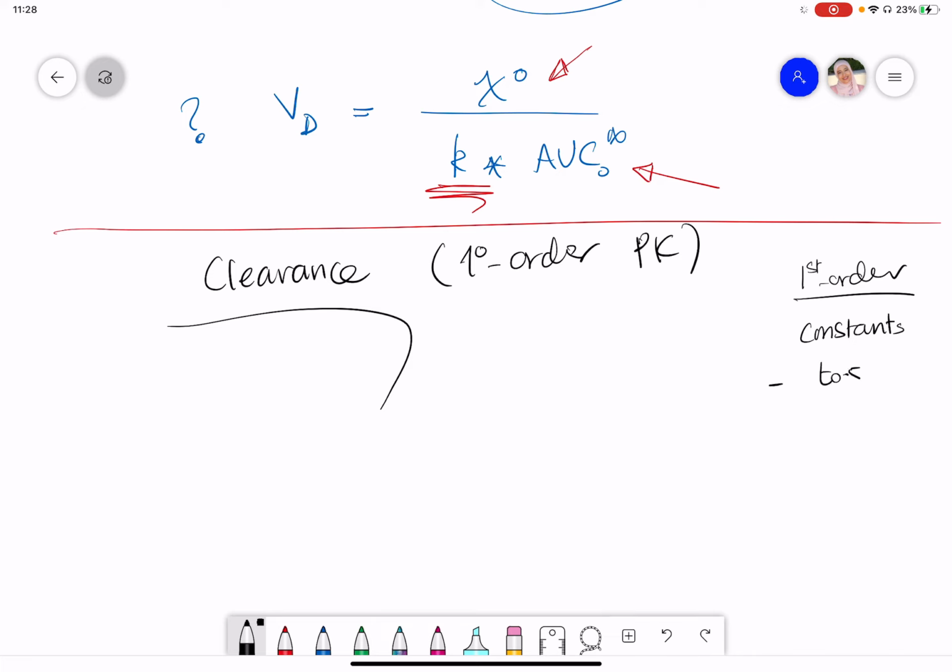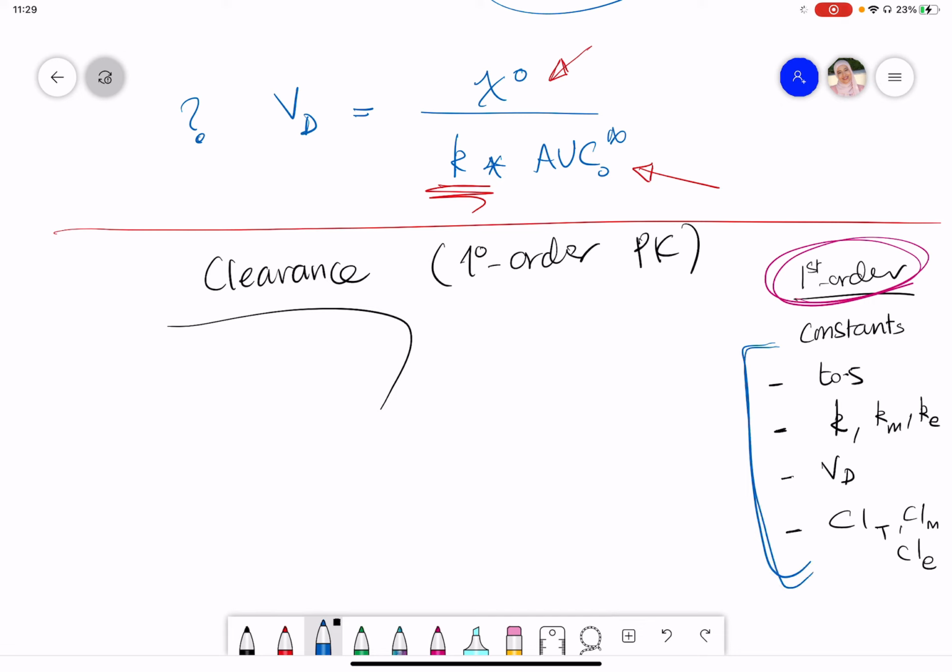For example, half-life, and K, the first order elimination rate constant, or any of the rate constants that follow first order kinetics. VD under first order kinetics is constant, and total clearance, or any of the clearances of a drug following first order kinetics, are constants. Those are the major parameters we usually use to define first order kinetics in the IV bolus one compartment model.